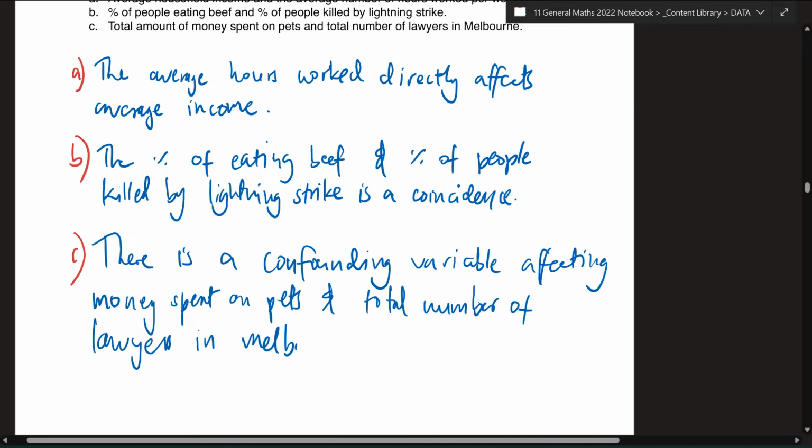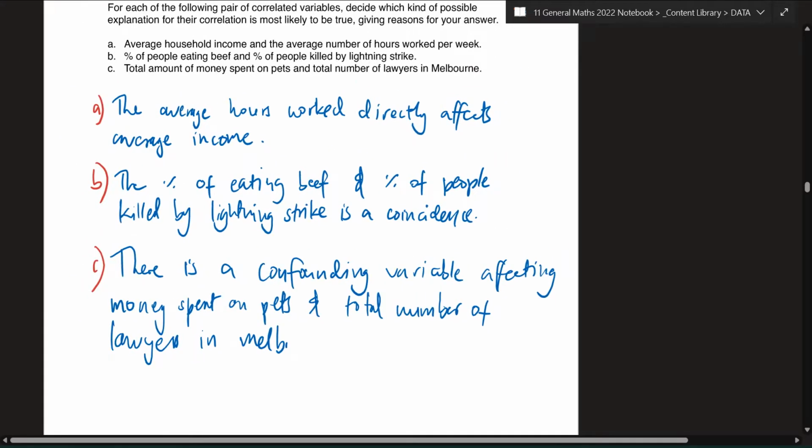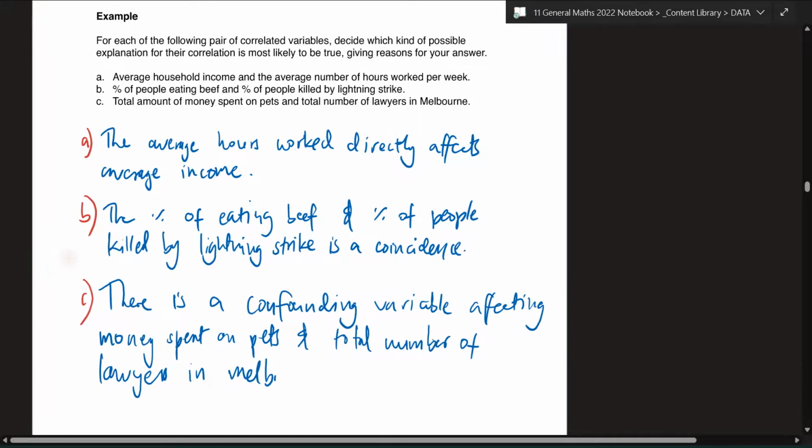Okay, that's fine. I would accept that, because we don't know what the confounding variable is, that's the point. There is something affecting them, but we don't know what it is. It's an unknown variable.